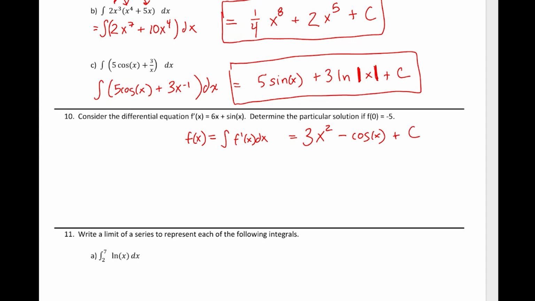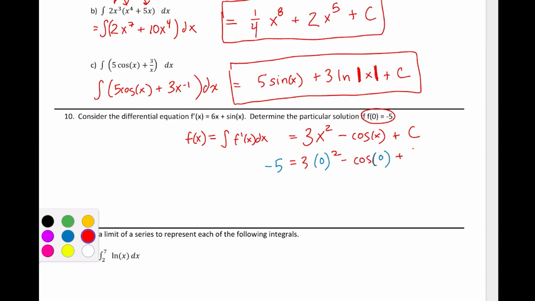So to find that plus c, we're going to substitute in 0 and negative 5 into x and y here. So we'll say that negative 5 equals 3 times 0 squared minus cosine of 0 plus c, and we'll solve for c. So negative 5 equals, this is just going to be 0, minus, cosine of 0 is 1.